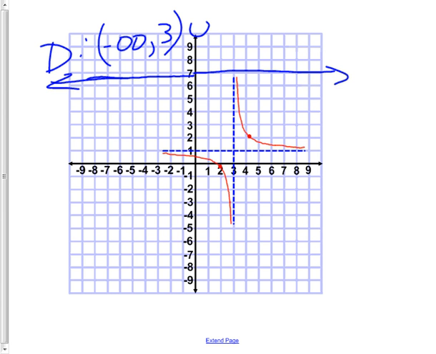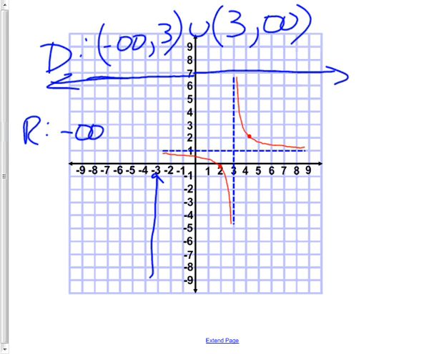Then it starts over again at 3 and keeps going to infinity. You get that? How about the range? Negative infinity, and then it keeps coming up until it hits what and when it has a problem? 1. And then it starts over again at 1 and goes to infinity. Good.